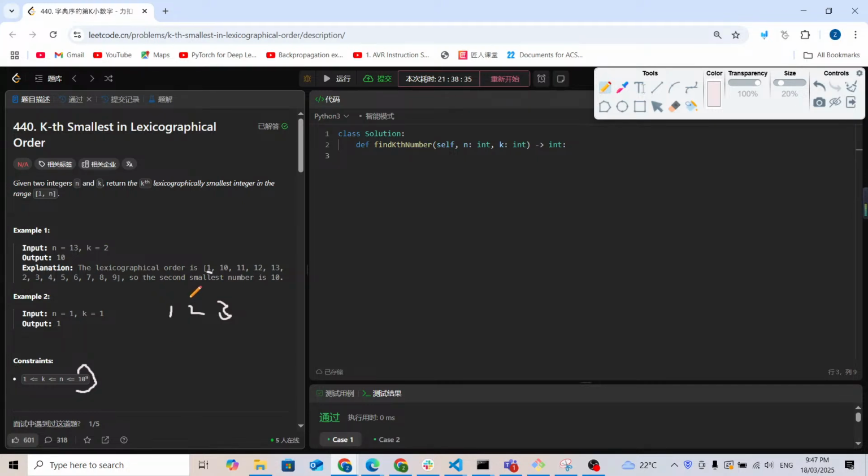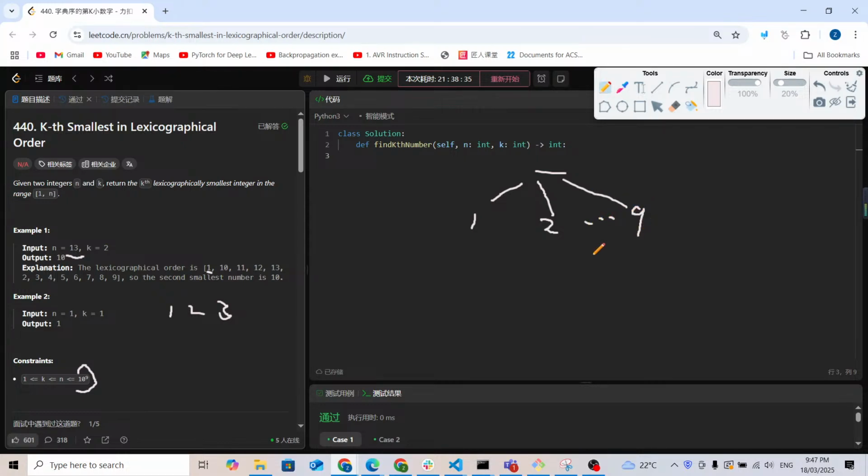Now we're going to use a mathematical way to solve the problem. We want to find all those numbers, and we're going to use a trie to solve the problem. The trie idea is that from the beginning we have nothing, and then we have numbers like 1, 2, until 9.